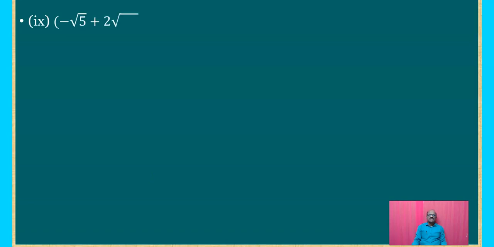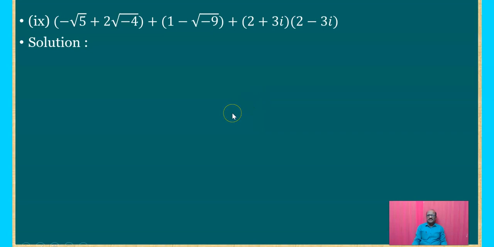Next is (minus root 5 plus 2 root of minus 4) plus (1 minus root of minus 9) plus, in first bracket 2 plus 3i, into 2 minus 3i. First we will simplify this.